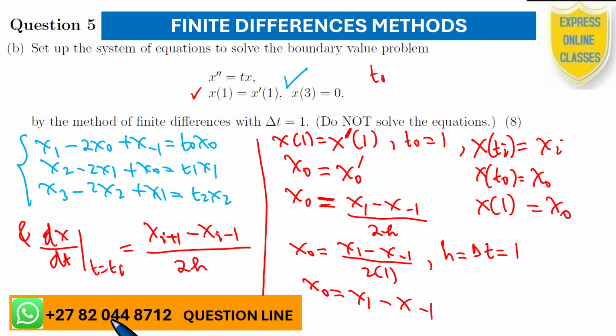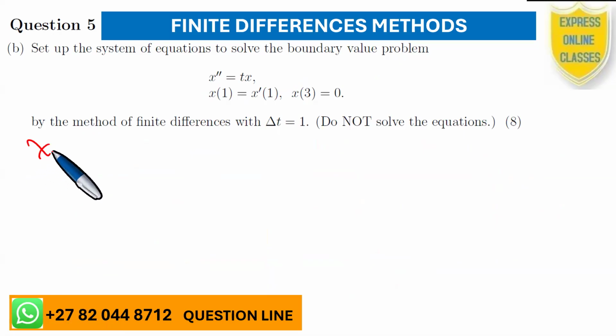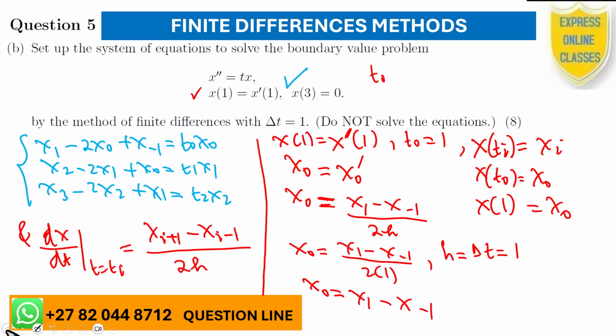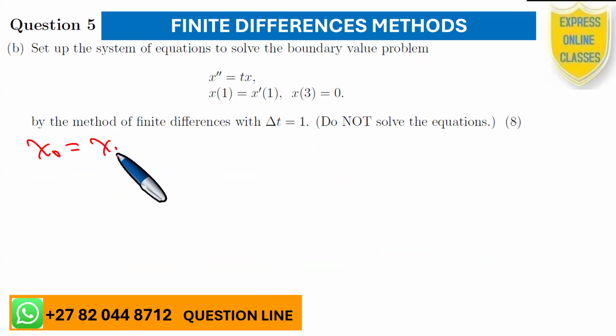So which means that x0 is x1 minus x i minus 1. Okay, let's continue. Right, continuing, this particular differential equation can be written like this.